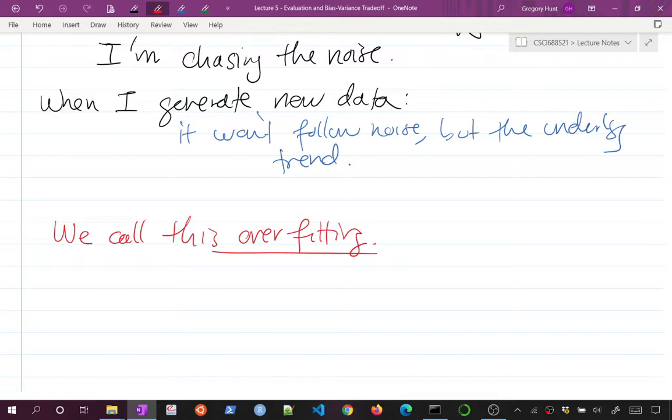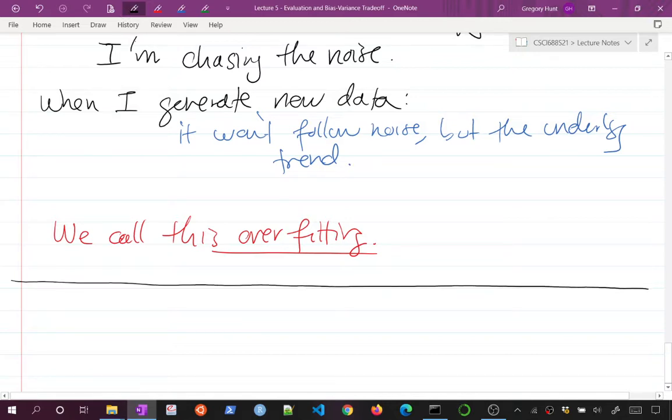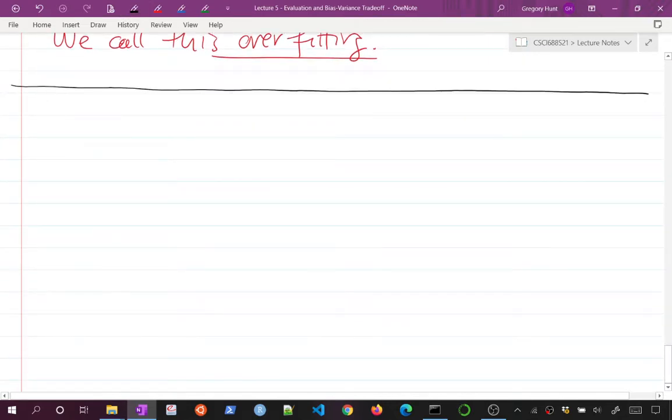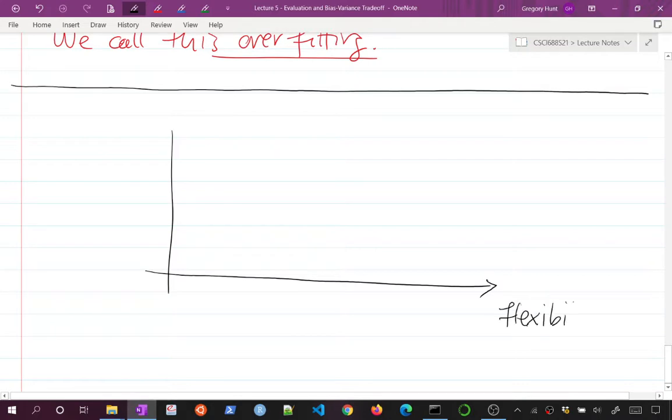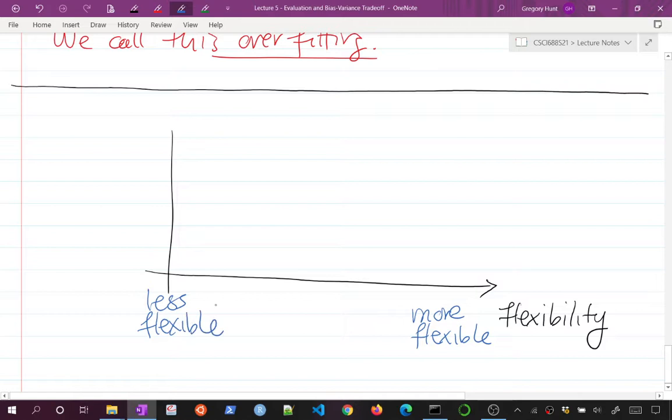Okay. So let's draw a famous picture here. Here's going to be the famous picture. My x-axis here is going to be my flexibility axis, where on the right here, I'm going to have a more flexible method, and on the left here, I'm going to have a less flexible method.